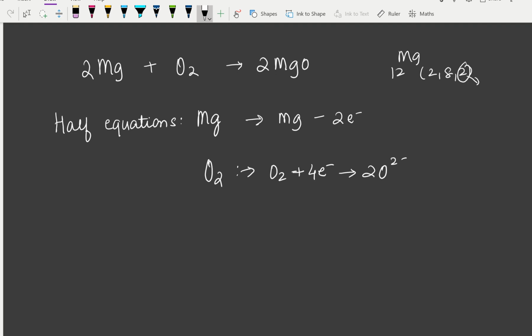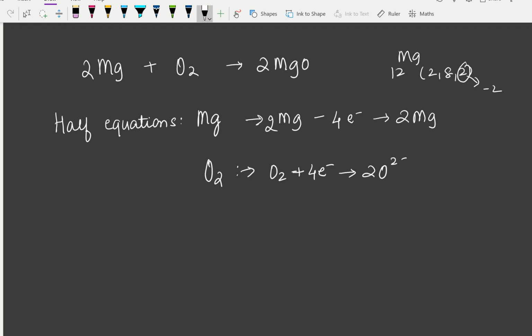One magnesium can only lose 2 electrons, right? So that means this is the ideal equation. But because oxygen needs 4 electrons, 2 magnesiums will have to in all lose 4 electrons. And then the right equation is going to be 2Mg.